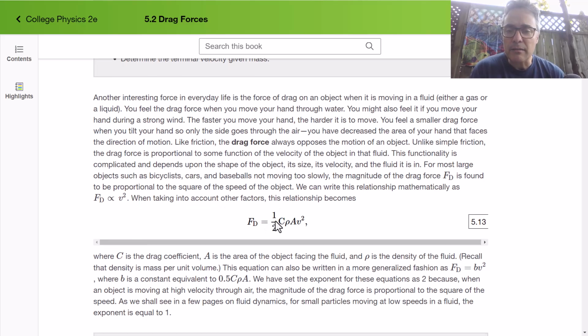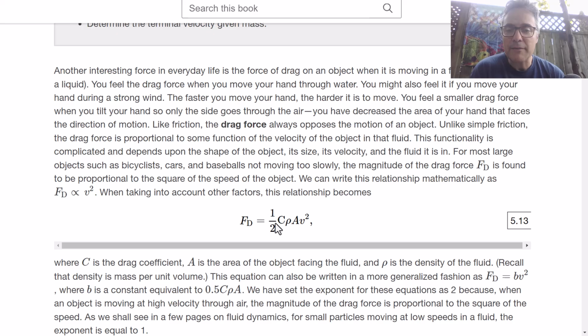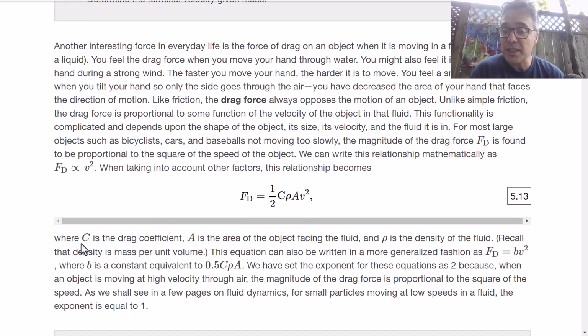And you get this equation, 1/2 C rho A v squared. That's the Greek letter rho, where C is a dimensionless drag coefficient. A is the area of the object facing the fluid, so I call that the cross-sectional area. If its velocity is going one way, then perpendicular to the velocity there's a kind of area.